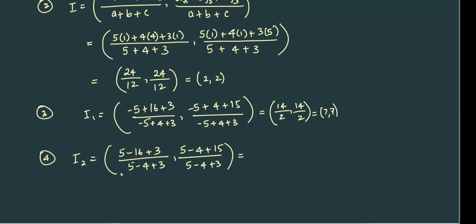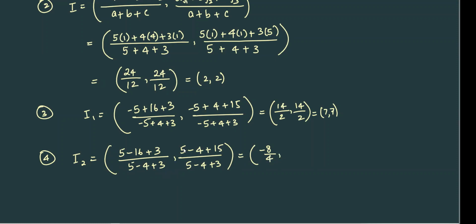So you get 5 plus 3, 8. 8 minus 16 is minus 8, divided by 5 minus 4 is 1. 1 plus 3 is 4.